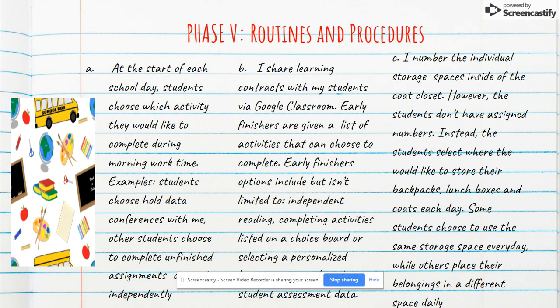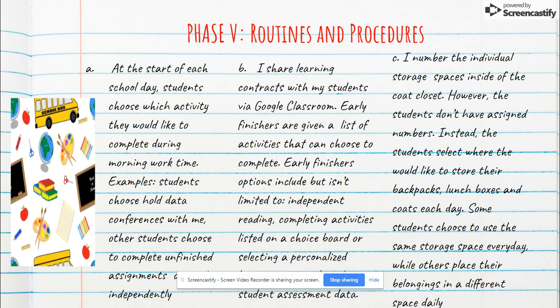The last routine or procedure I want to focus on is how I store the students' coats and lunch bags and things they bring with them to school. I assign individual numbers to every student at the beginning of the school year. I also number the racks inside of the coat closet.